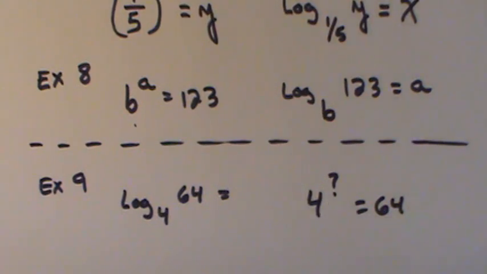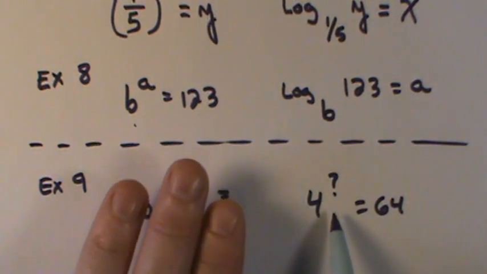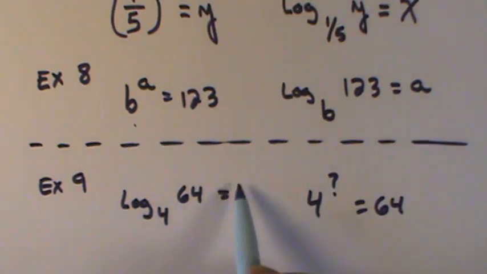No, 4 squared is 16. 4 to the 4th is 64? 4 times 4 times 4 times 4? I don't think that's going to work. That's going to be 256. So if 4 squared wasn't it and 4 to the 4th wasn't it, what about 4 times 4, 16? 16 times 4 is 64. That's an exponent of 3. So it's going to test your knowledge with that.